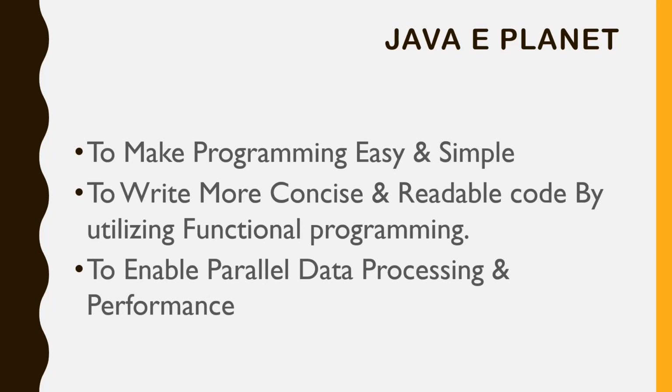This is to get the benefits of multi-core processors in the Java 1.8 version by parallel processing, which has evolved in the form of parallel streams. By using parallel streams, we can enable parallel data processing and improve the performance.